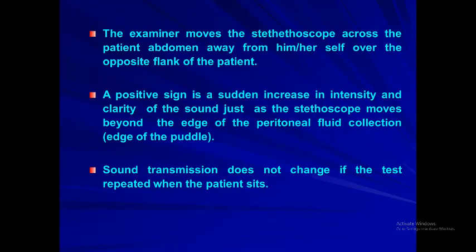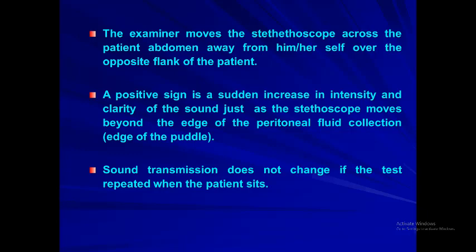At the same time as the doctor flicks the patient's near flank constantly at a fixed point, the examiner moves the stethoscope with his other hand across the patient's abdomen, away from the umbilicus to the end of the opposite flank, the far flank.